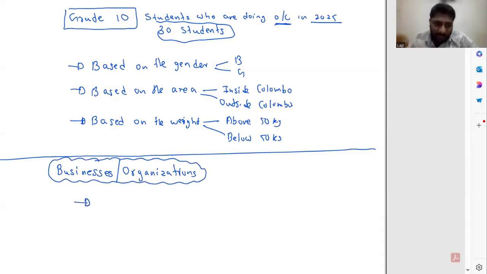What are the three methods? One is based on ownership. Based on ownership, how to split? One is maybe private. The other one is public. Public means government.